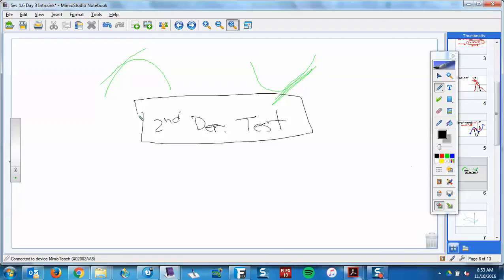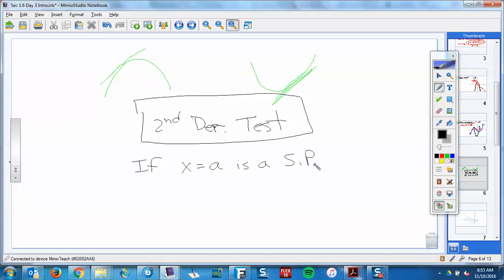The second derivative test. Now remember, the first derivative test was testing to see if we had a max or a min. Well, we can use the second derivative to test if we have a max or min also. And here's what it says. If x equals a is a stationary point of f. Now notice I didn't say critical point, which I did for the first derivative test.